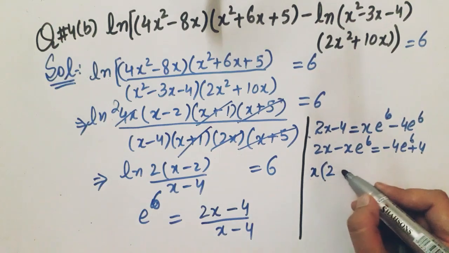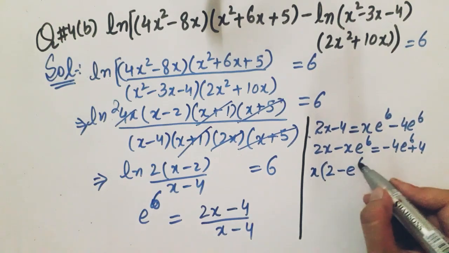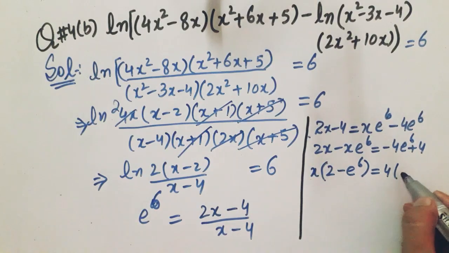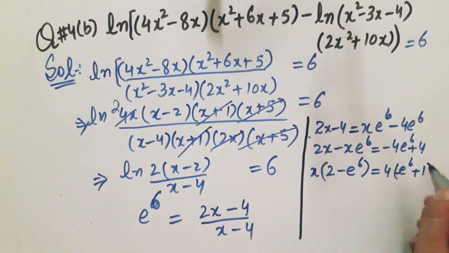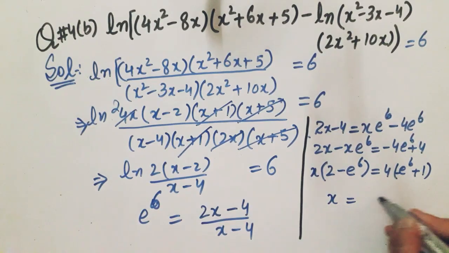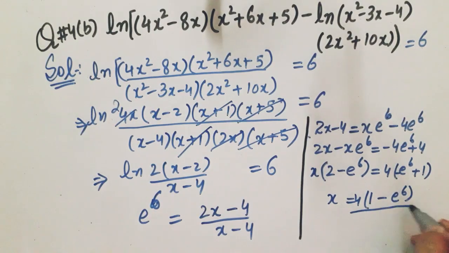So you get 2 − e⁶, and here you can take 4 as common, so e⁶ plus 1. So write this as x equals (1 − e⁶)/(2 − e⁶) times 4. So this will be the answer.